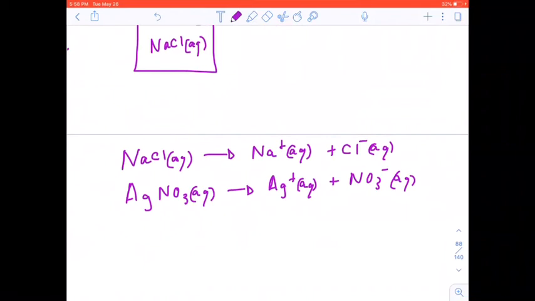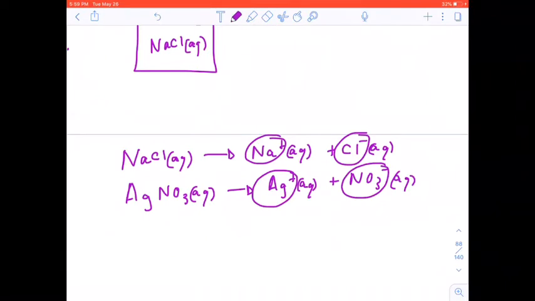Wherever we have these mixtures and a precipitate can form, then it will form, because that drives that particular reaction.